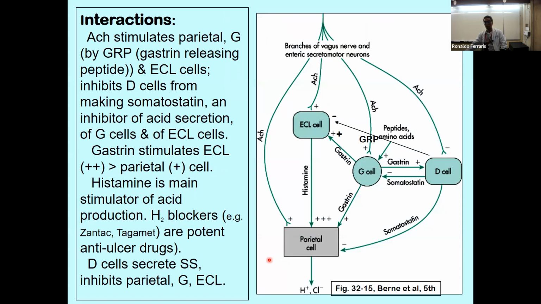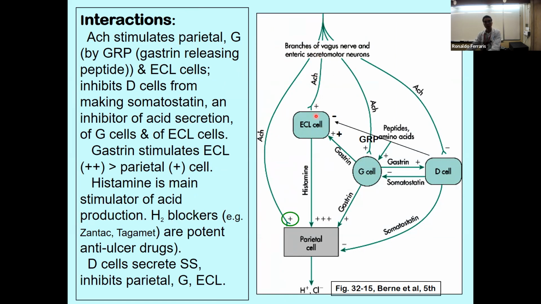Okay, so this is how it happens. This is a web showing you neurocrine signaling, endocrine signaling, paracrine signaling. So let's begin with acetylcholine. It stimulates the parietal cell, shown here.